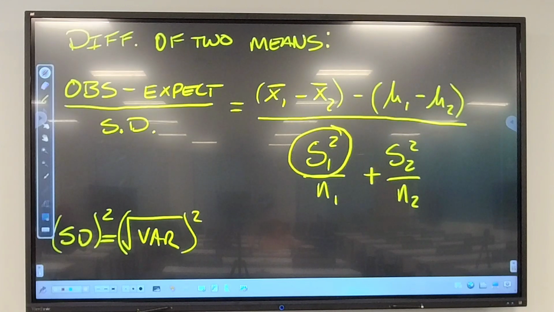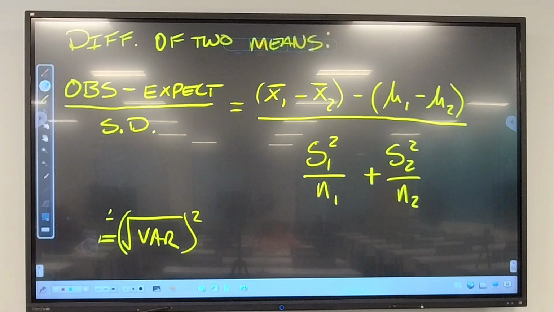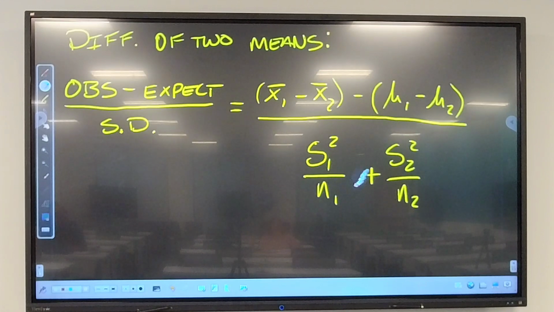So this object right here is the variance of the first sample, and this number here is the variance of the second sample. So now that I'm back to dealing with variances, remember the variance was the sum of all the squared deviations, and then you divide it by n minus 1.